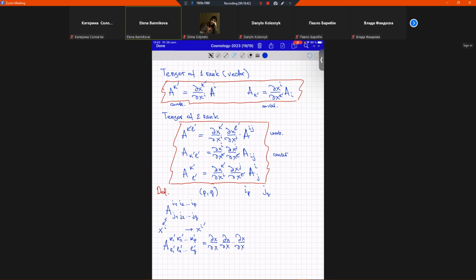And after this, I will put all indexes. So the first index is with K, K1 prime, K2 prime, KP prime. And here I invent the summation indexes.